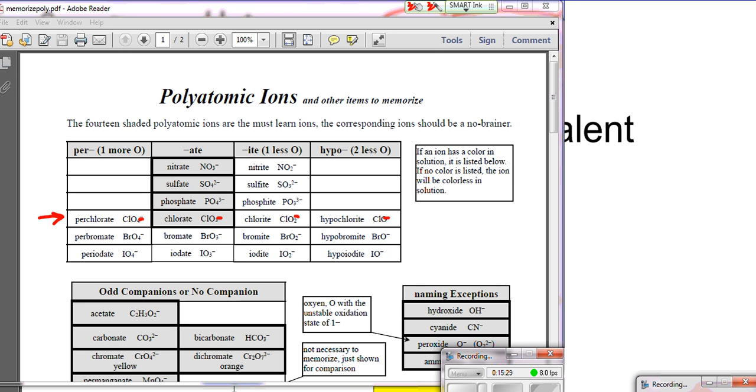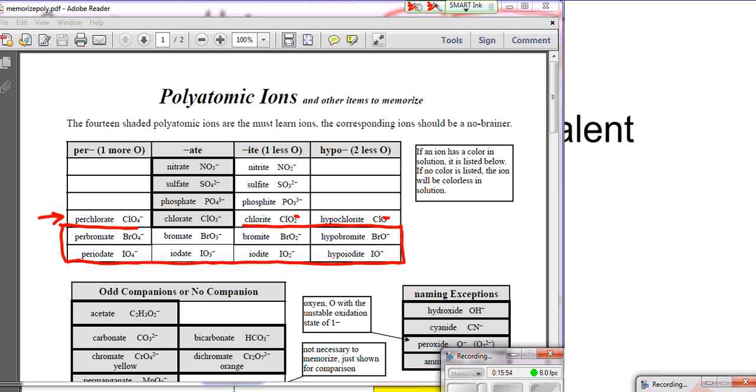All chlorates, or the entire family of chlorates, are 1 minus. Chlorate is the only one that does the full spectrum. The other 3 that you need to memorize only go to ite. Chlorate is the only one, that's pretty fair for me to say. However, it is important that you know, the reason you don't need to memorize these down here is because chlorine is in group 17. It is one of the halogens.